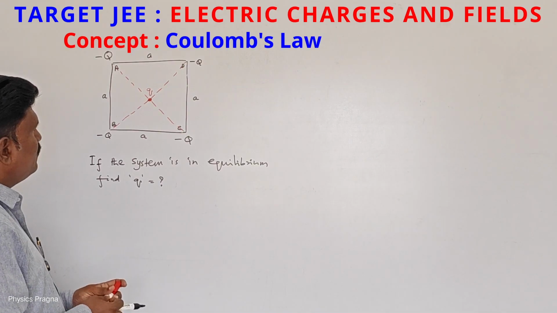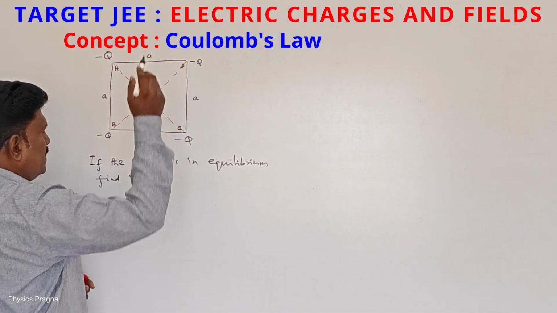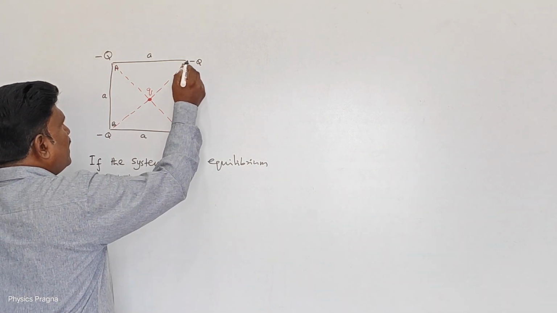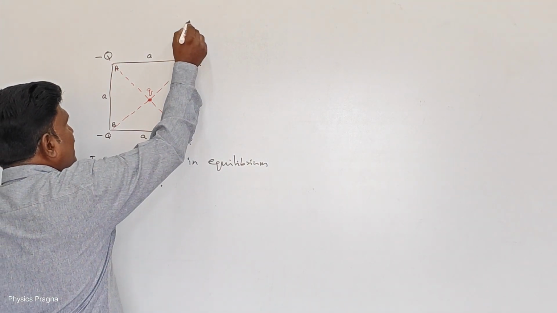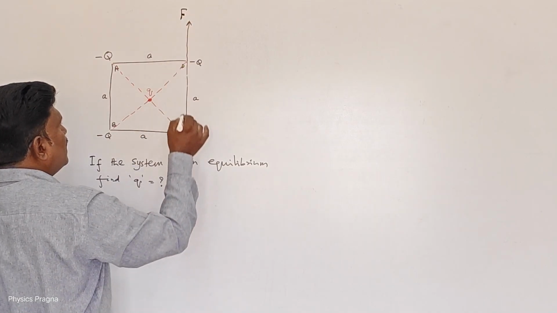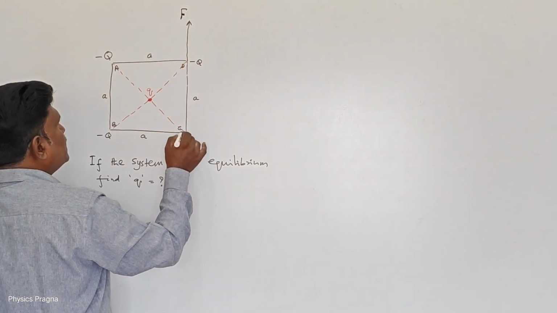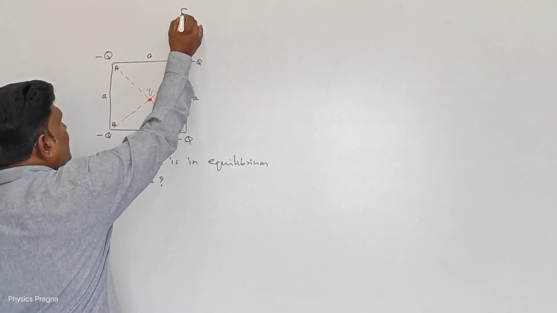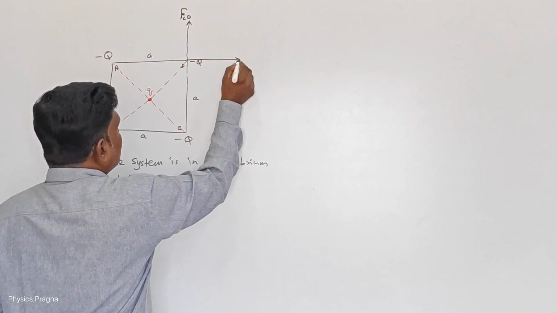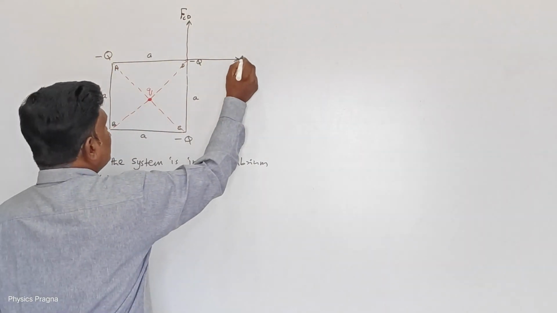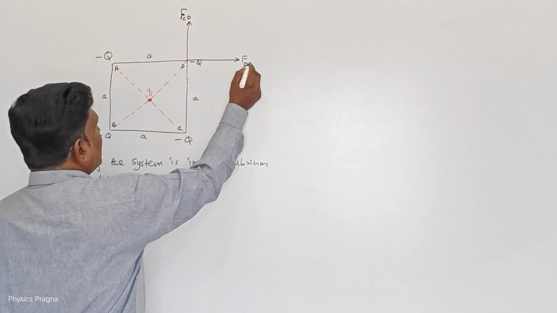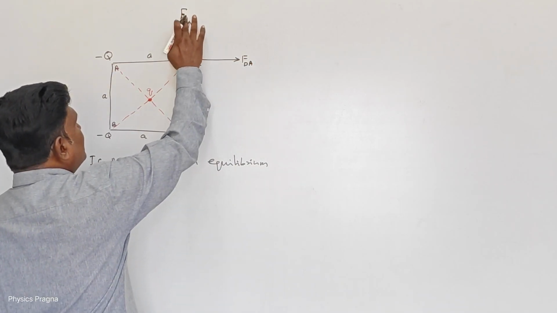Let us see what are the forces acting on minus q1. So minus q1 here will repel this q1 in this direction. This is the force due to the charges at C on D, because of C. This is another force, the force on D because of A. Here I made a mistake.